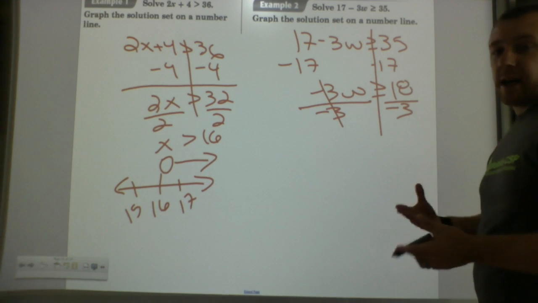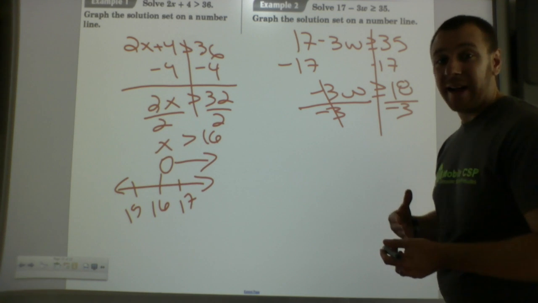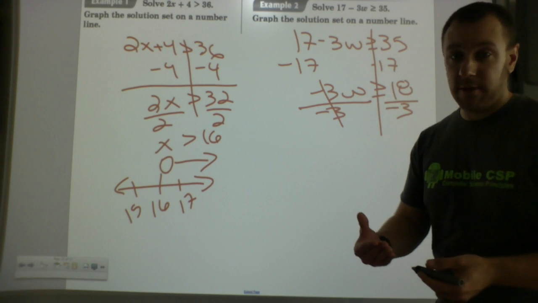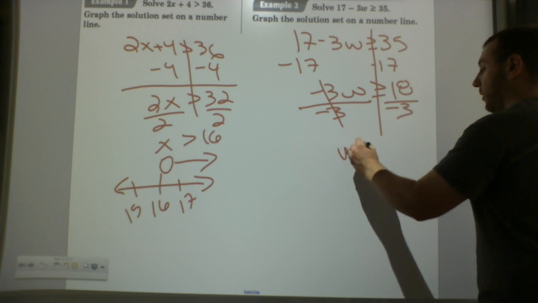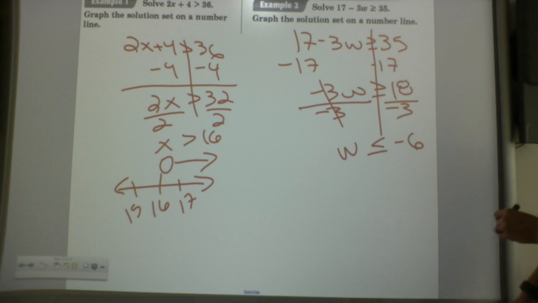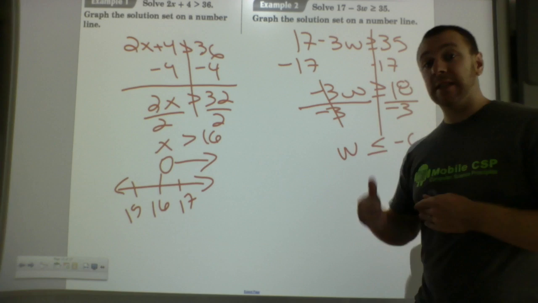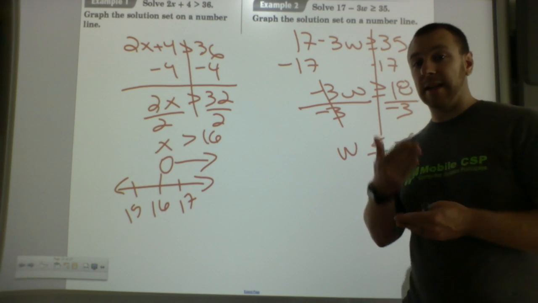Whenever I divide by a negative, I now have to flip the inequality. It is not that I got a negative answer. It is that I divided by a negative number.